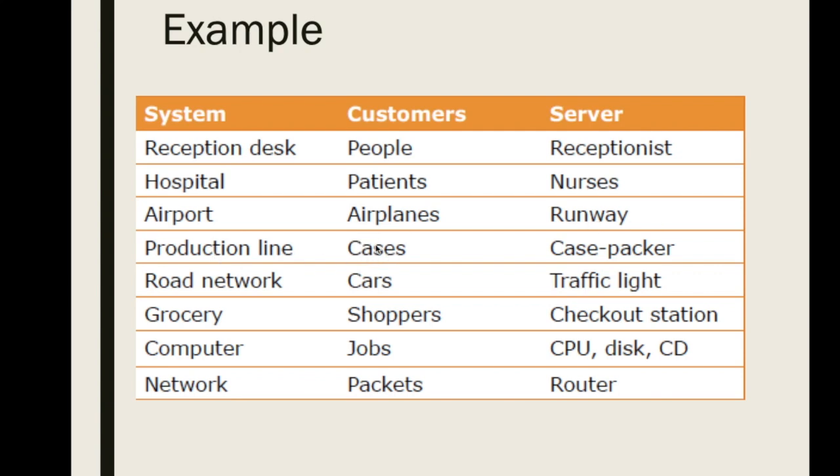In a production line, the cases are the customers and the case packers are the servers. In a road network, cars are the customers, the traffic light is the server. In a grocery store, shoppers are the customers, the checkout station is the server. In a computer, the jobs or programs submitted to the computer are customers, and CPU, disk, CD are the servers. In a network, a packet is normally a customer, and routers, switches are servers.